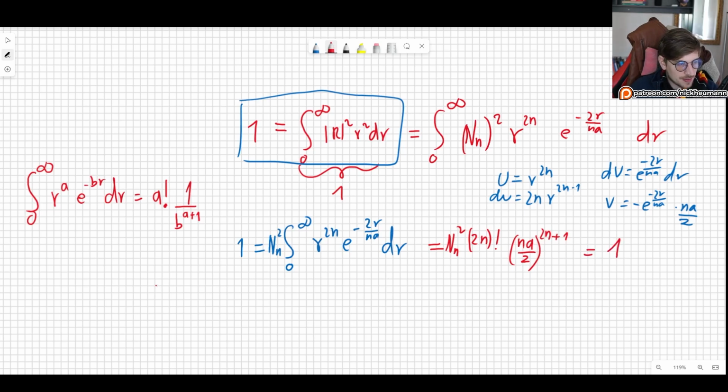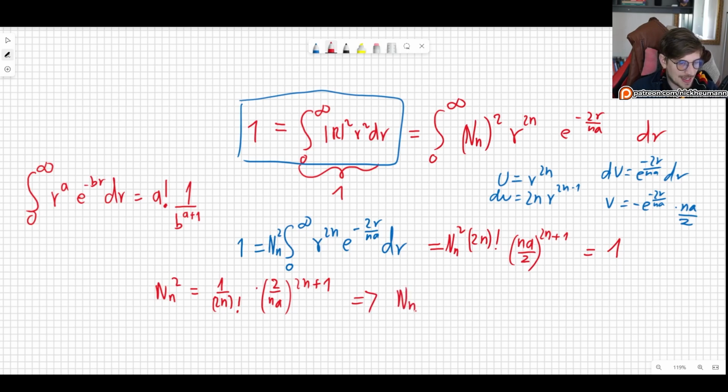So from here, we can quickly find n squared, which is going to be just 1 over this, right? We are simply doing some algebra here. So 1 over 2n factorial times 2 over na, and this is all of this to the power 2n plus 1. Actually, I don't like that parentheses there. And we now can just take the square root.